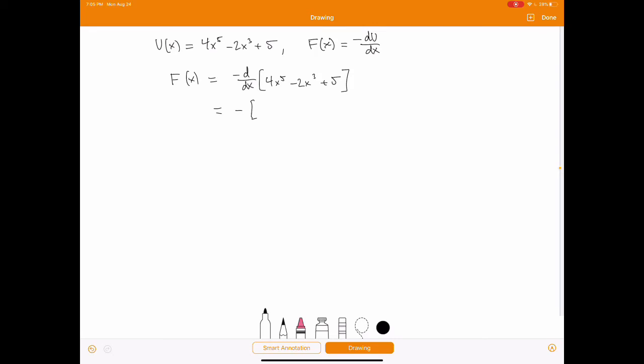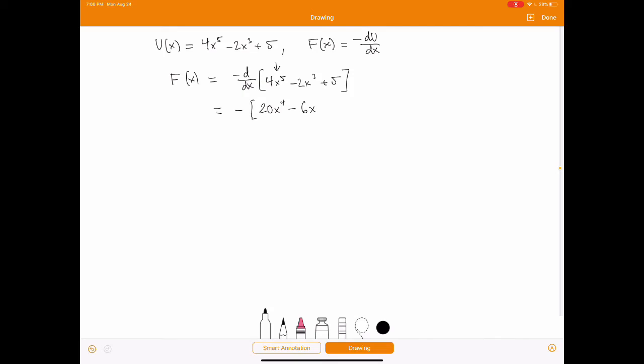If we take the derivative of the first term, what happens is we take the power of 5 to the front, where it multiplies the 4, and we have 20. And then the power gets reduced by 1, so we have 20x to the 4th. Okay, for the second term, the power comes out to the front, so we have 3 times 2, which is 6.